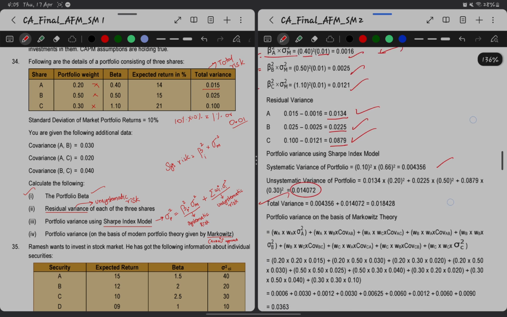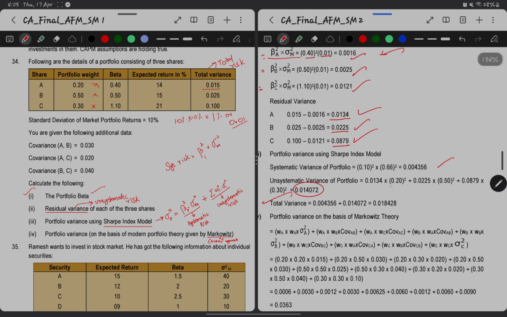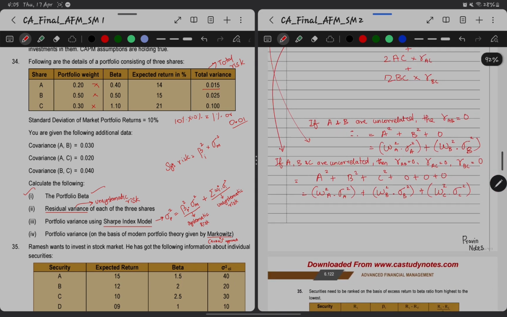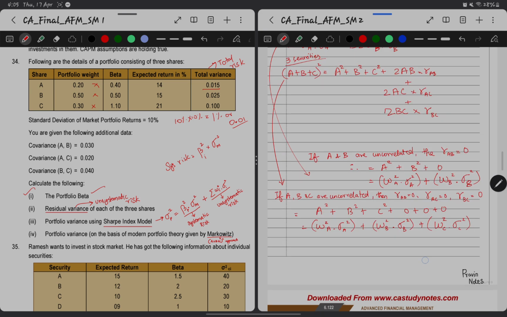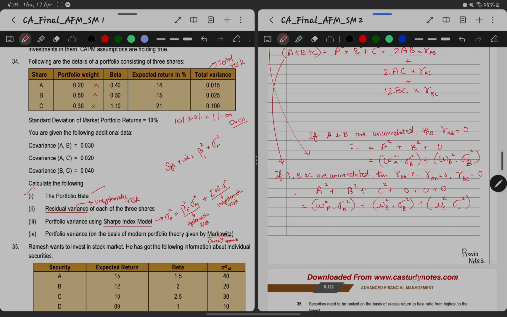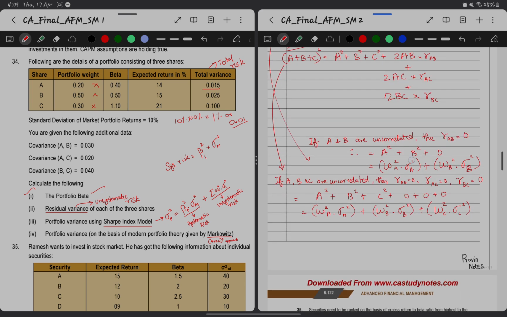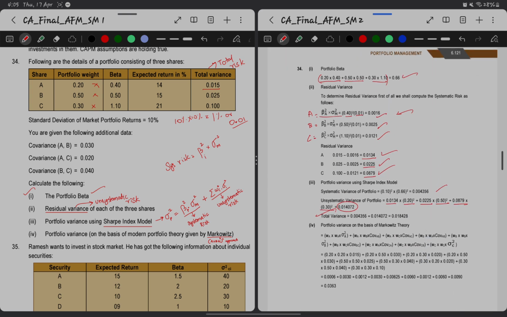If we see the unsystematic variance, they have taken weight square multiplied by variance of a, weight square of b multiplied by variance of b, and weight square of c multiplied by variance of c, which is nothing but our a plus b plus c square approach, wherein because of uncorrelated securities, this portion will become 0 and this formula stands. So even if you forgot, you can just apply this basic logic and derive the formulas.